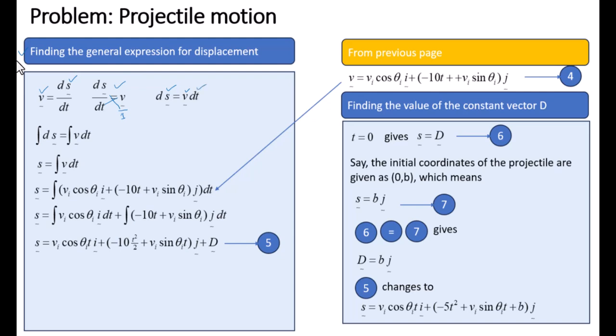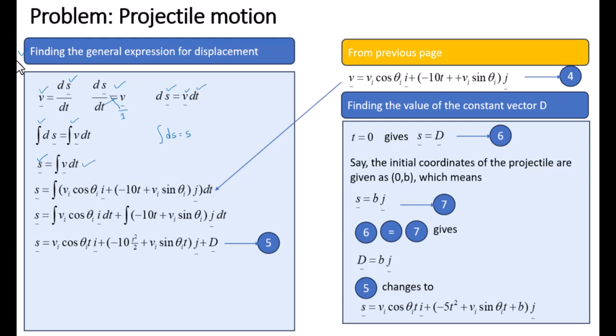Then again, if I put the integration sign on both sides, integration of ds will be equal to integration of v dt. As I mentioned earlier, integration of ds will be s, and therefore on the left hand side s will be equal to integration of v dt.